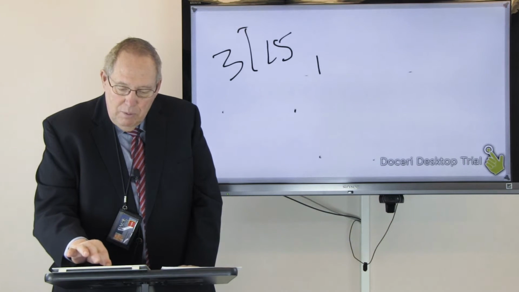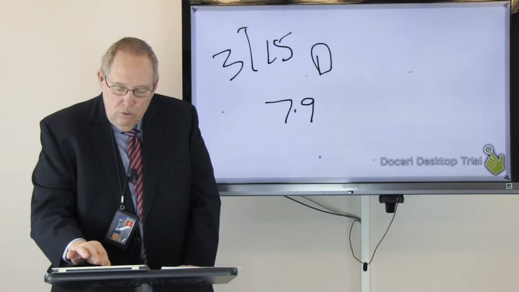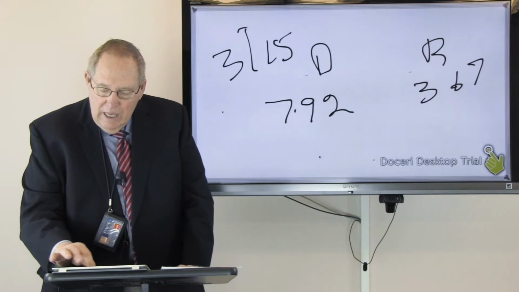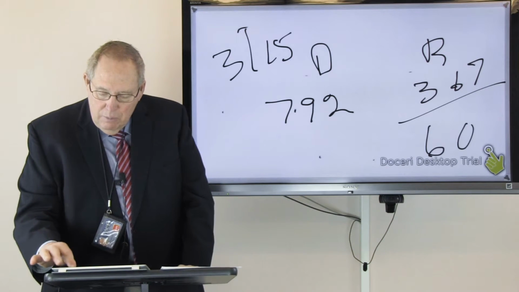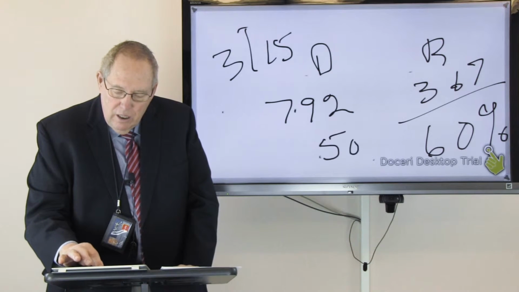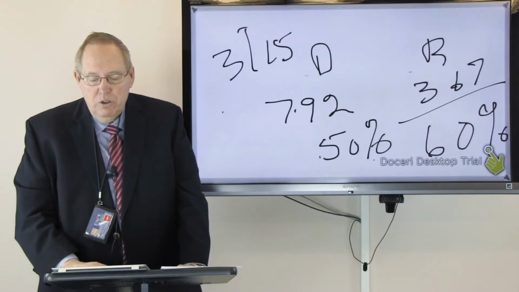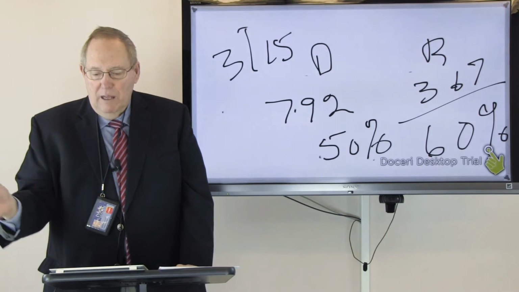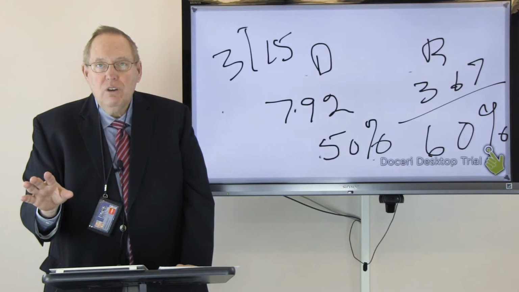The Democrats are going to be picking 792 delegates, and the Republicans are going to be picking 367. And at the end, the Republicans have picked 60%, and the Democrats 50%. So at that point, we should have a very good idea as to exactly how the rest of this is going to play out, because the Republicans have 40% of the delegates left.